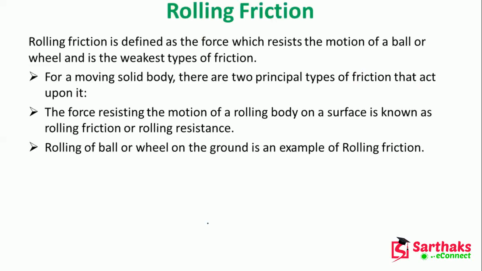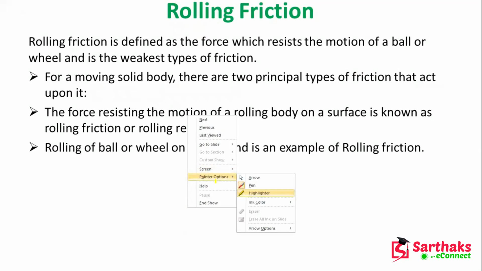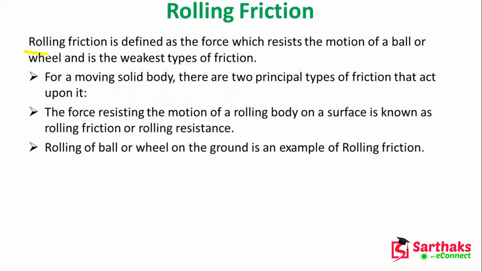Now the rolling friction. Rolling friction is defined as the force which resists the motion of a ball or a wheel. Now you can see that if you have a car wheel here, this is the center, and it is the same for a cycle also.